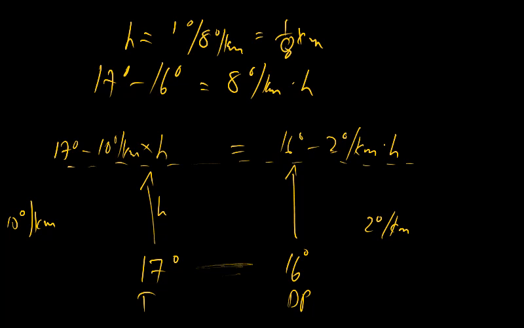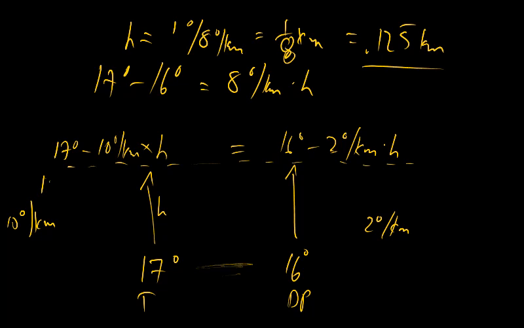So at 1/8 of a kilometer up, we end up with the same temperature and dew point, and 1/8 is about 0.125 kilometers. Okay, so in terms of a change, what will be the temperature at that height?